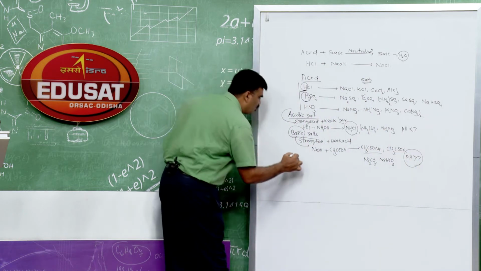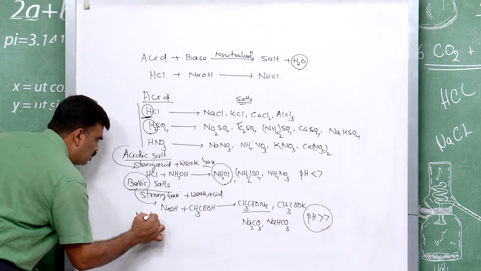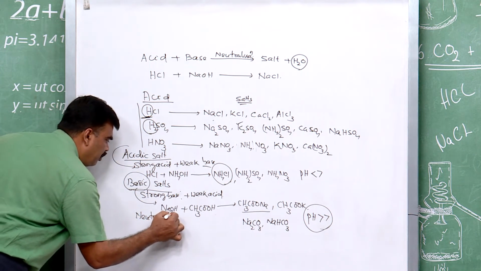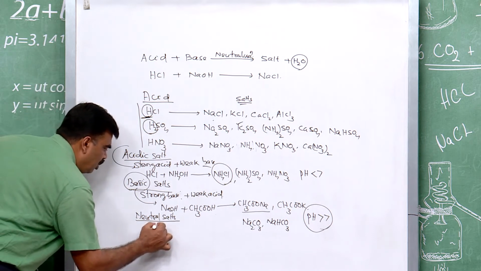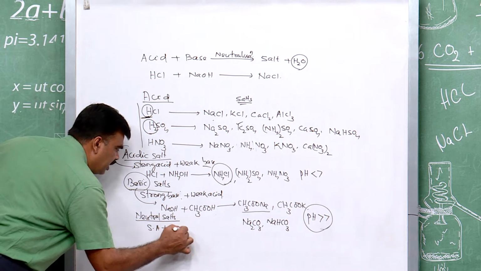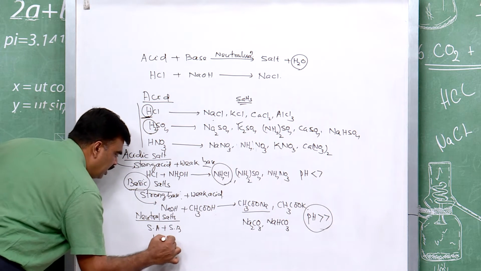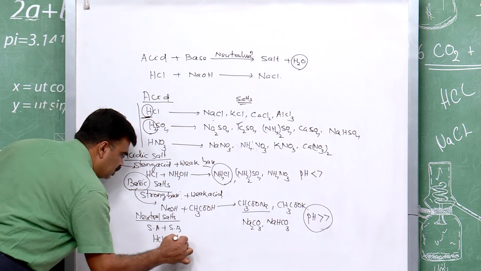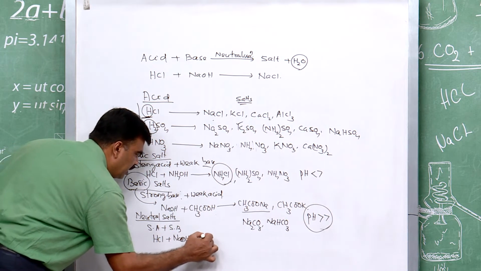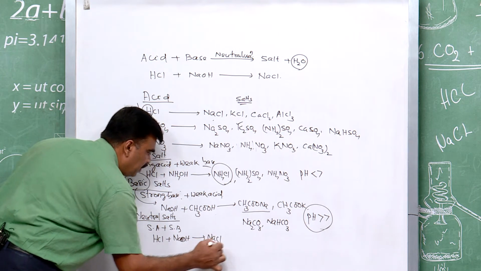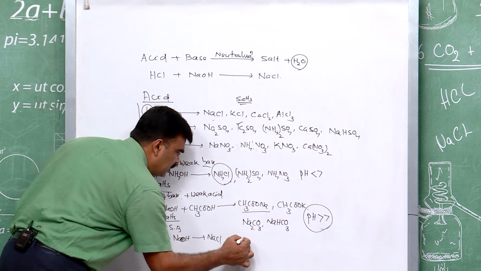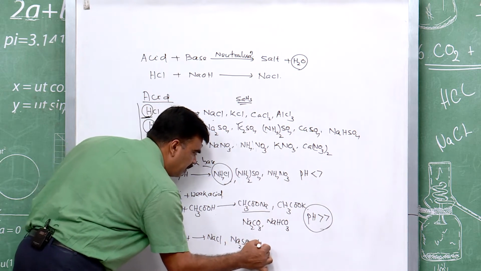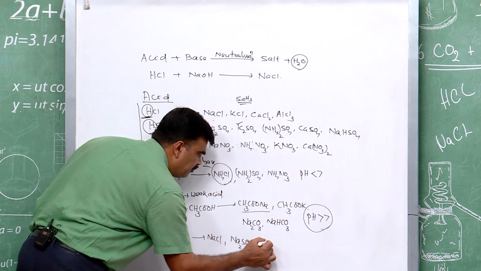And neutral salts are formed by the neutralization reaction between a strong acid and a strong base. If you take HCl and react it with sodium hydroxide, a strong base, you will get NaCl. Similarly, you have sodium sulfate, potassium sulfate, potassium nitrate.